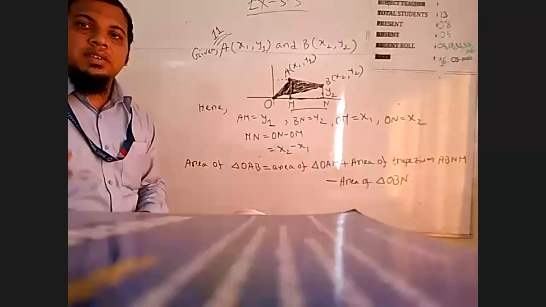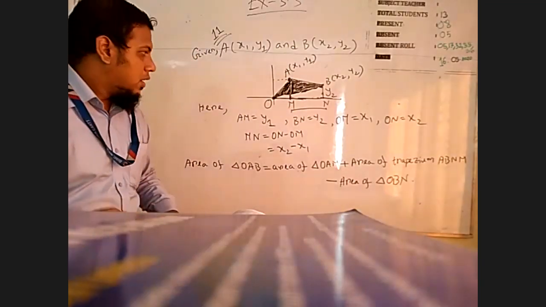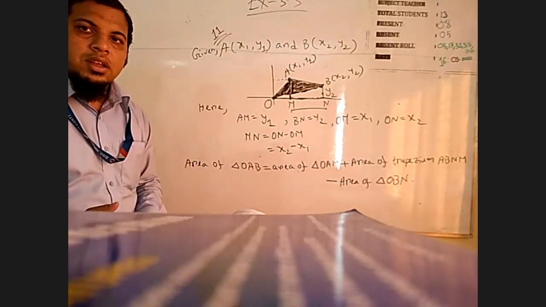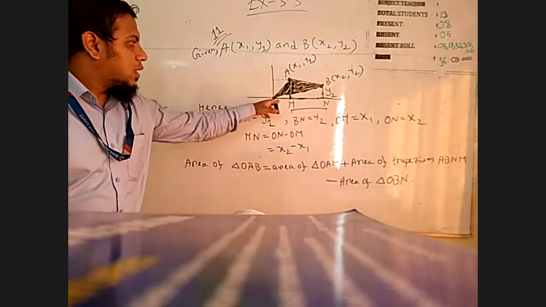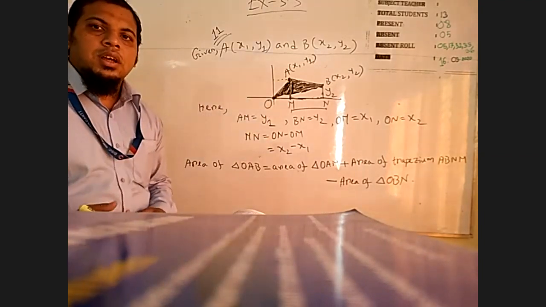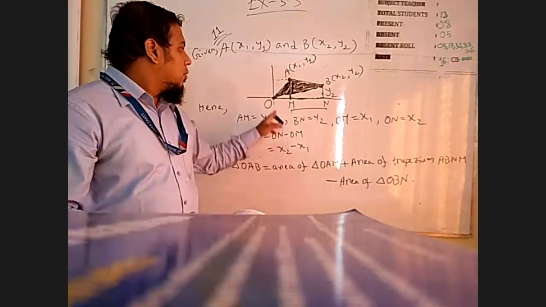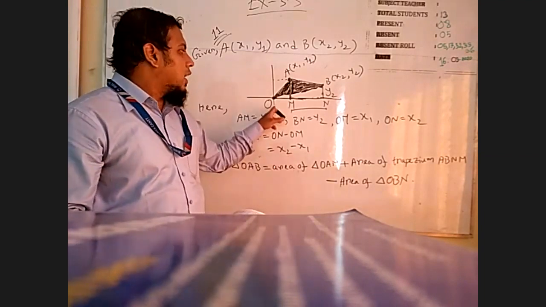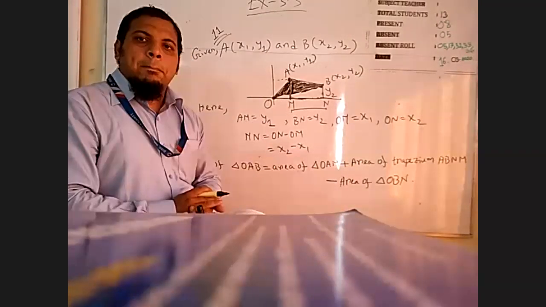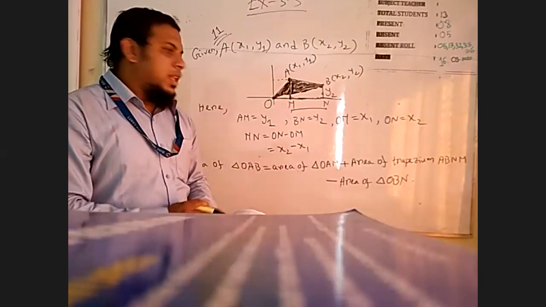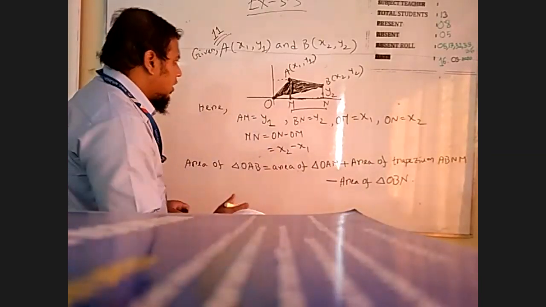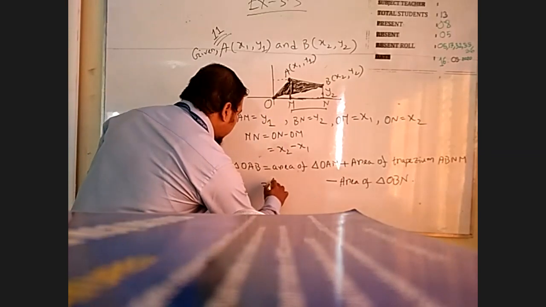Half into base into height. Someone tell me by the basis of triangle OAM, half into what? Half into x1 y1, exactly.